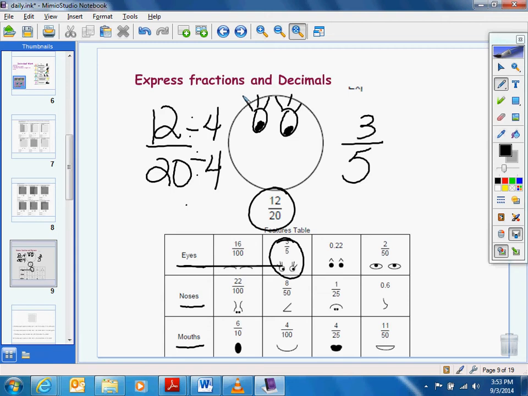Now we also learned that we can make a fraction have either a hundredths in the denominator, a tenths in the denominator, or a thousandth in the denominator. So we can use that tool as well.